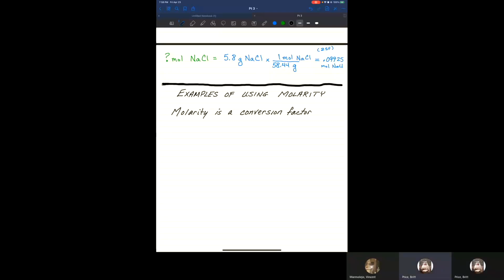For example, I have that 0.40 molar NaCl solution.